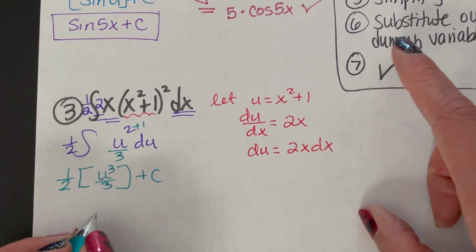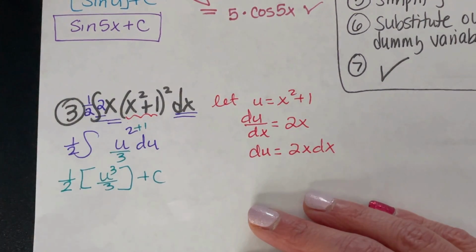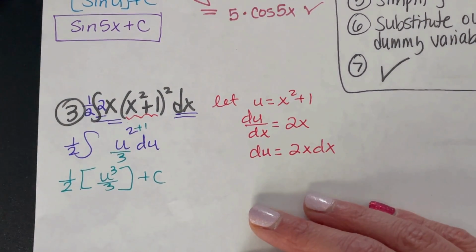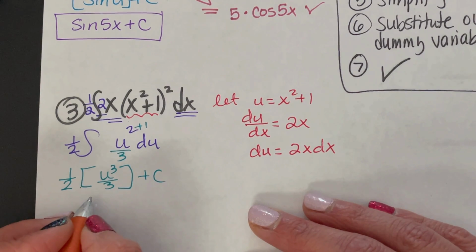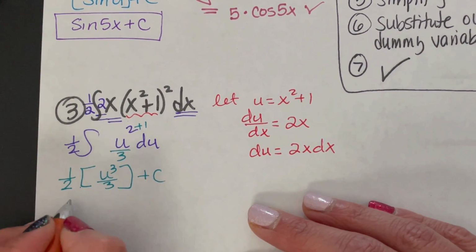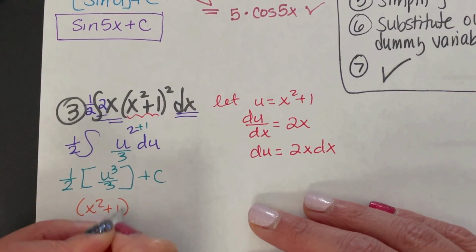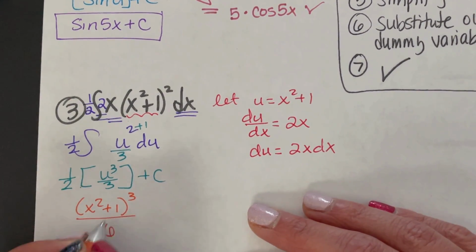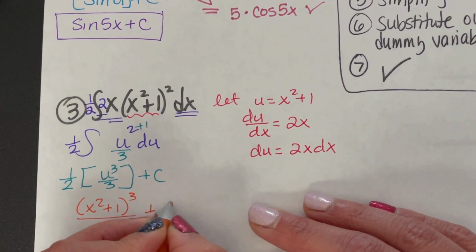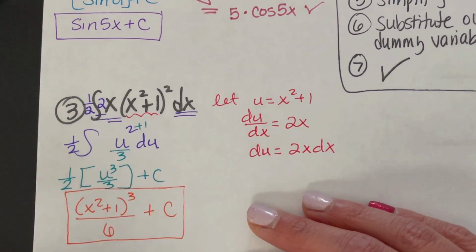And I need to substitute out the dummy variable, step 6. So let me switch to a different color for that. I'll use this orange. So instead of u cubed, I'm plugging the x squared plus 1 back in. So I'll have x squared plus 1 quantity cubed, because it's cubed, all over 2 times 3 is a 6, plus c. And that would be the answer.